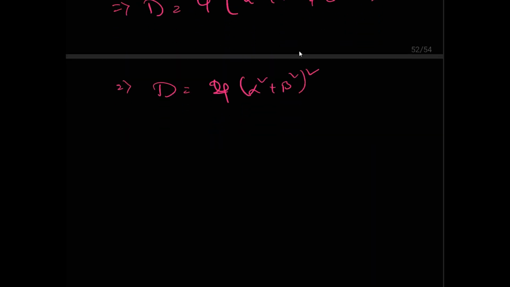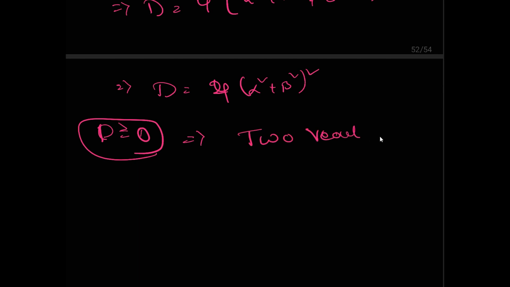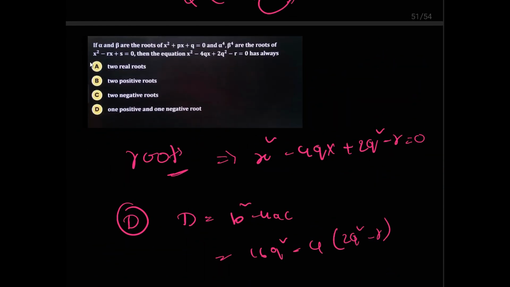Now we got D. And now since D is a perfect square, D is always greater than or equal to 0. Therefore, there are two real roots. Correct. Now we should find out whether they are positive or negative.